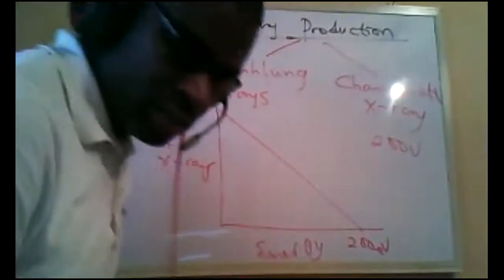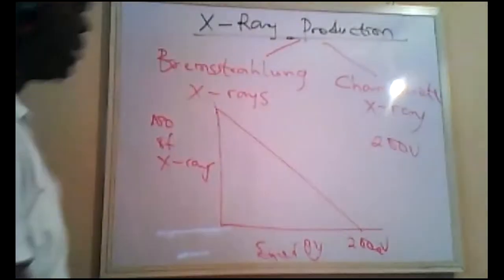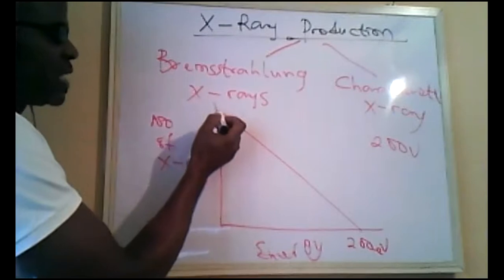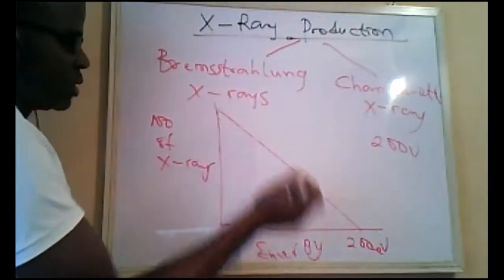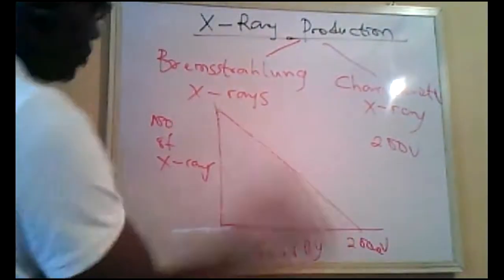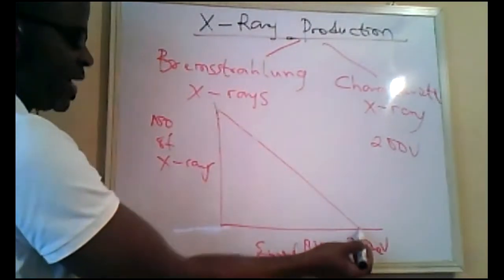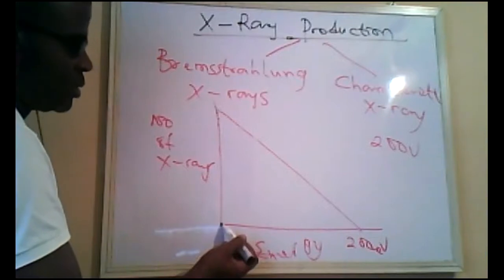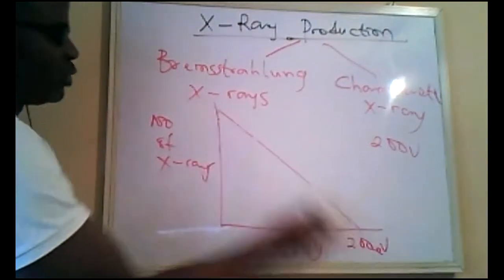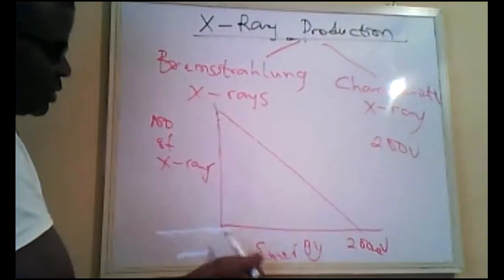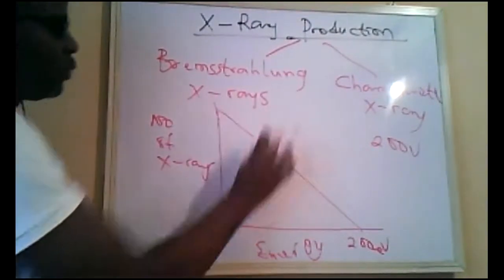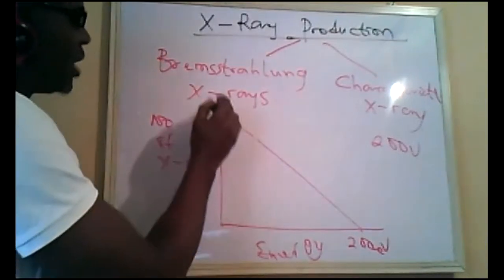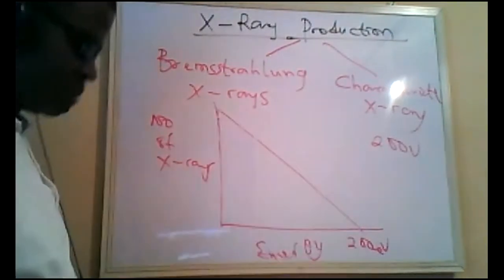You can see the ones that have a very low energy are more. As the energy increases, the ones that have high energy are very minimal. But as the energy reduces, the number increases. Look at the probability: the probability of the ones with lower energy is more than the ones with high energy.